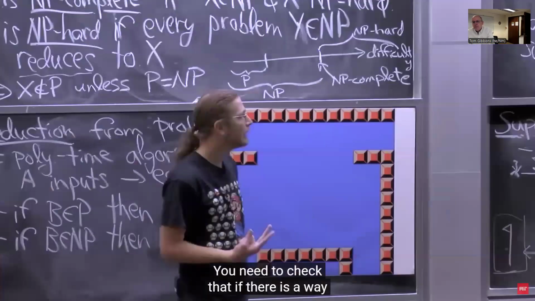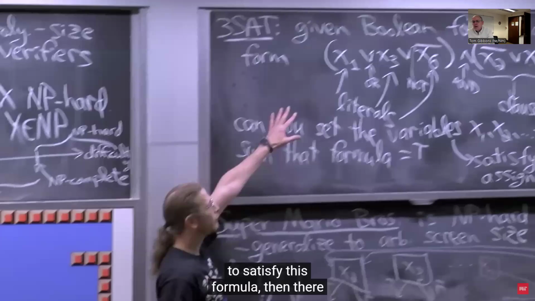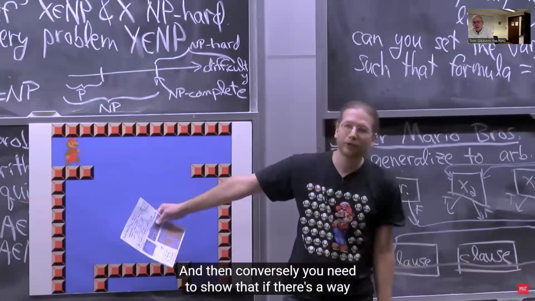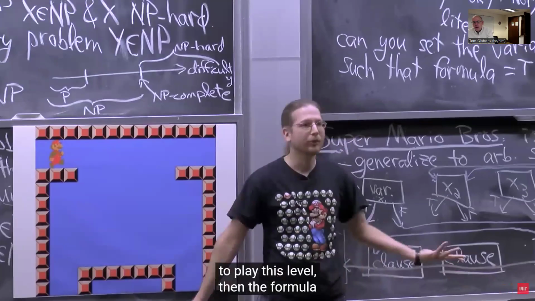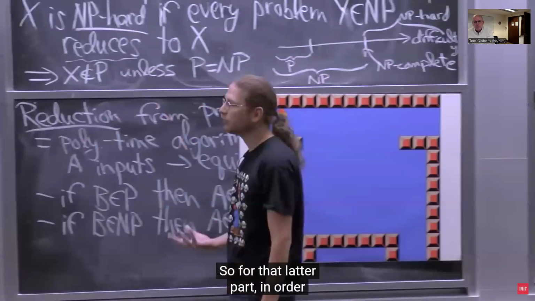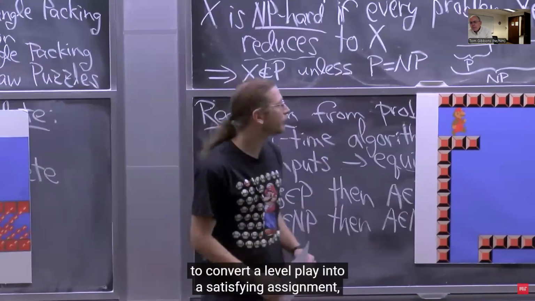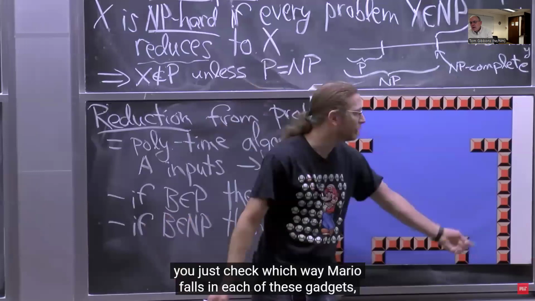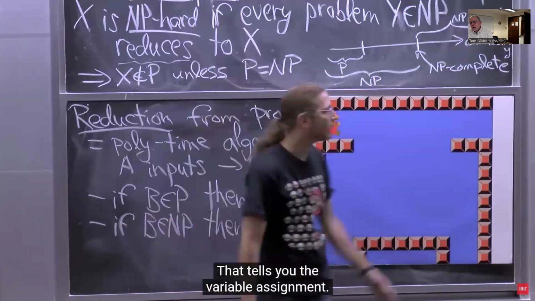You need to check that if there is a way to satisfy this formula, then there is a way to play this level. And conversely, you need to show that if there's a way to play this level, then the formula has a satisfying assignment. For that latter part, to convert the level play into a satisfying assignment, you just check which way Mario falls in each of the gadgets, left or right. That tells you the variable assignment.